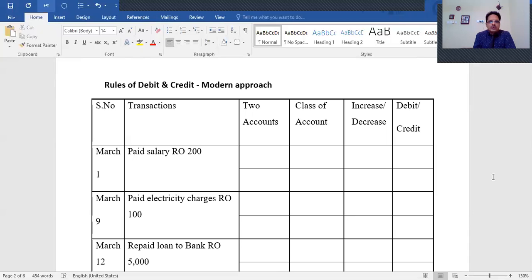Okay. So this is March 1st. There is one transaction: paid salary. This also you have to understand. Yesterday we discussed two approaches: one is the modern approach, one is the traditional approach. That you have to remember always. Normally we are following, for example, SCCA guidelines. As per SCCA guidelines, we are following the modern approach for recording transactions from journal, ledger, to final account.